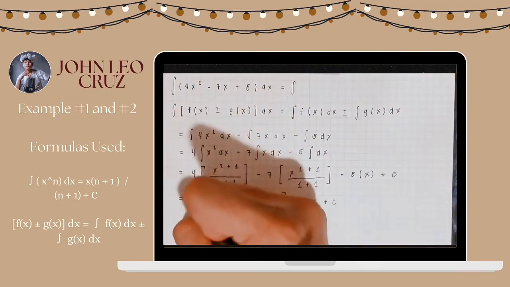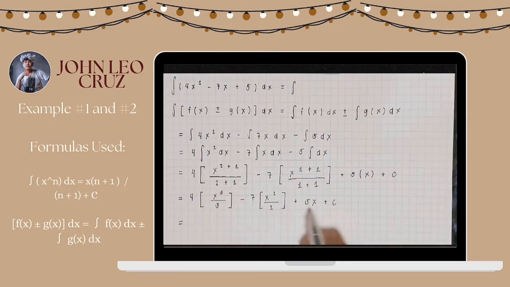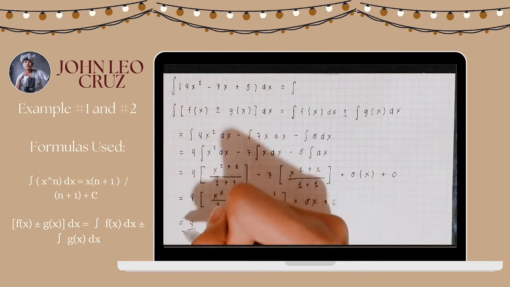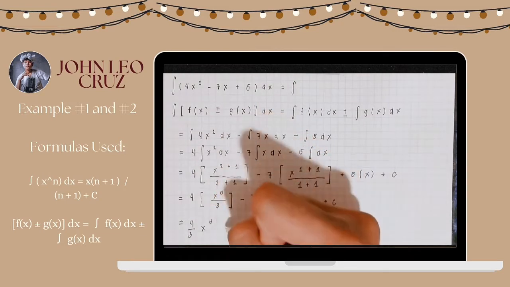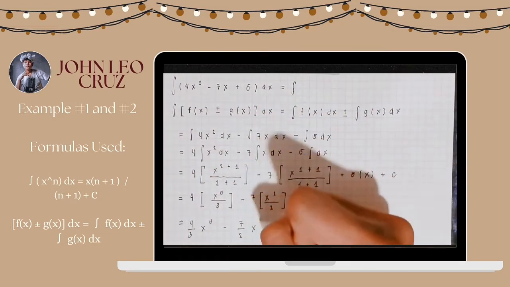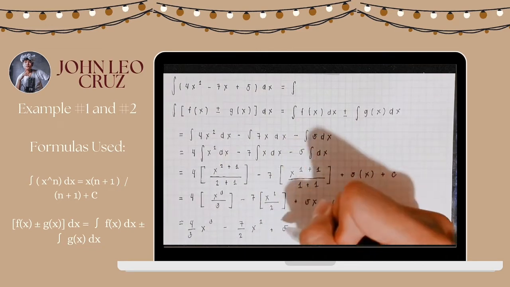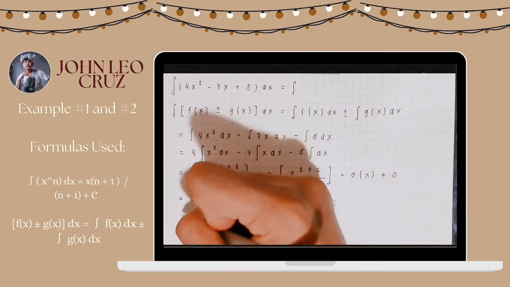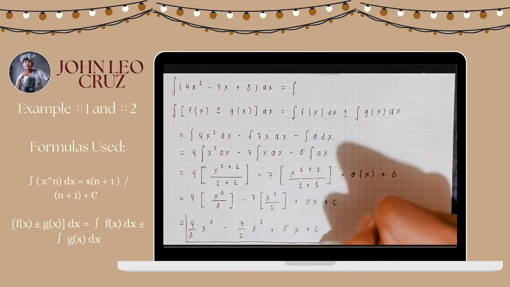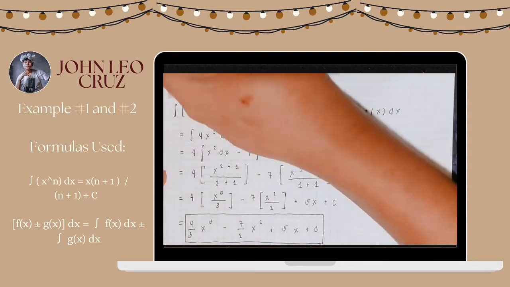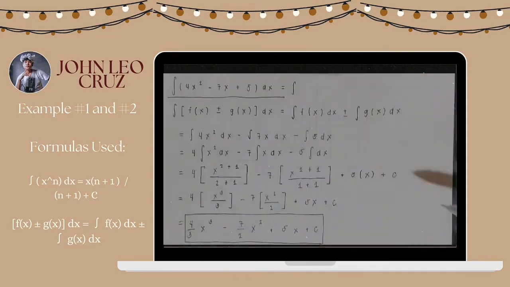Again, to finalize this equation, we can write this as 4 over 3 x raised to 3 minus 7 over 2 x raised to 2 plus 5x plus c. Here is our final answer to this equation.